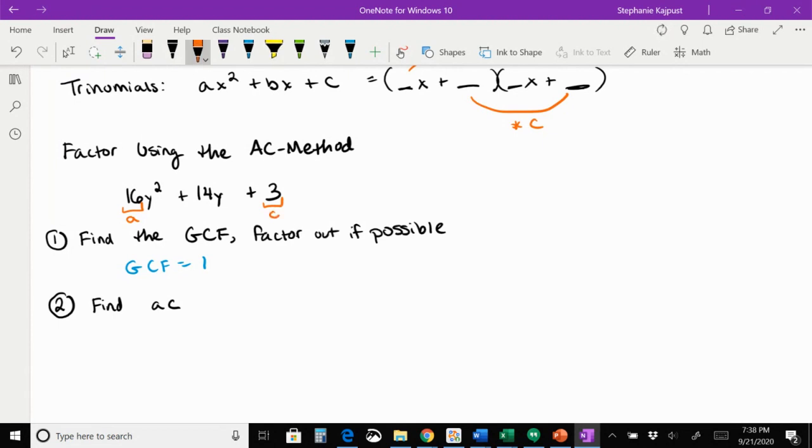That's why it's called the AC method, because you're multiplying A and C together. So 16 times 3, I want to say that's 48, but no, that's not right. Maybe that is right. Yep, 48. I don't have to do that multiplication too often. So you literally multiply those together and find that number.